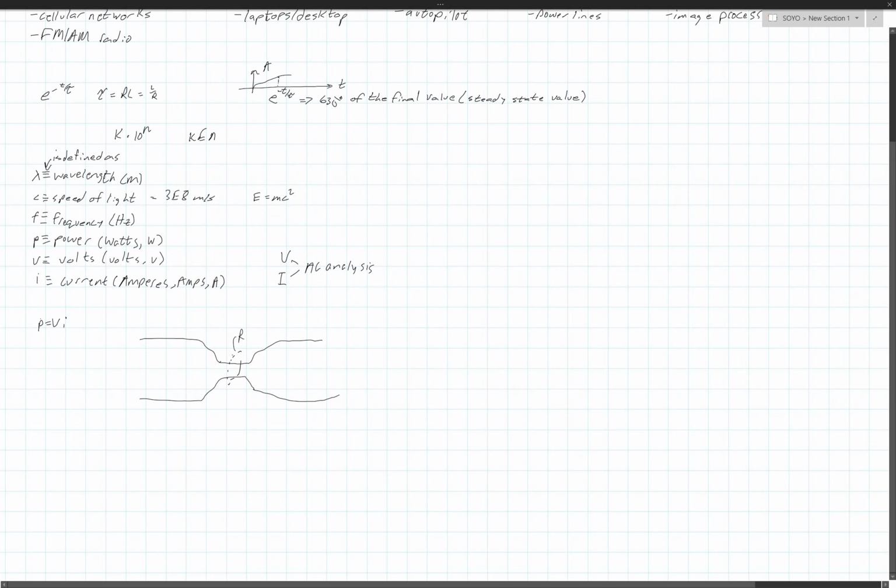Consider this a lasso. I'm not a very good cartoonist. So current is trying to get through this, and voltage here is trying to kick the current. I'll try to draw a little foot here. But resistance is slowing down the current.